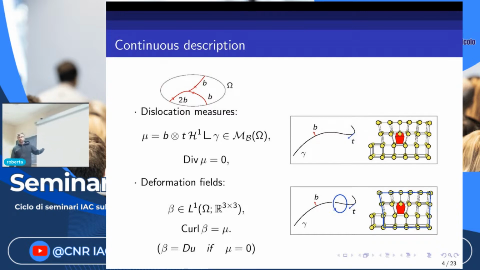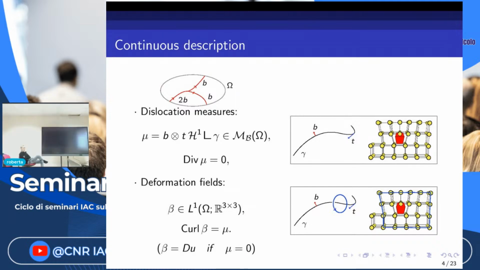But formally, in a mathematical setting, we describe the dislocation as a measure supported on gamma, the dislocation line, with a tangent vector, which is the orientation I described above, and of course the Burgers vector, taken as a tensor product.